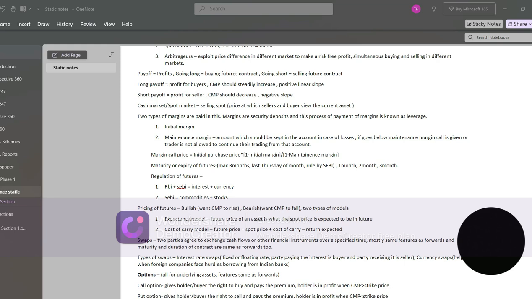The expectancy model is the one in which the future price of an asset is equal to what the spot price of the asset is expected to be in future. Simply, it is the expected price of the spot price, whatever the current spot price of the asset is, what its value will be in future.